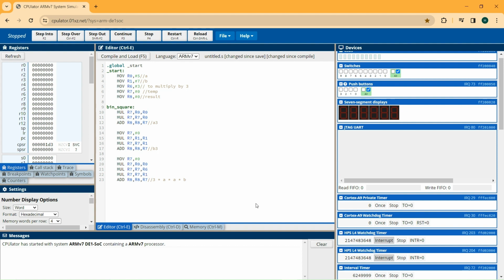I will change this branch name to bin cube, and last I need to calculate 3 times a times b squared. I will copy this code.